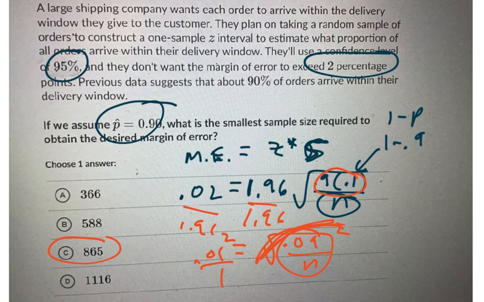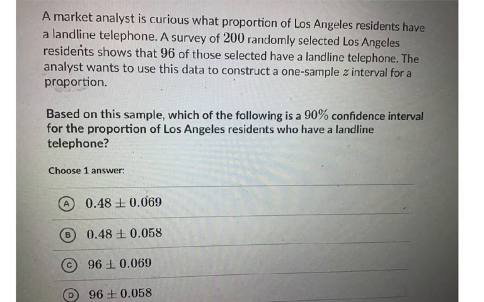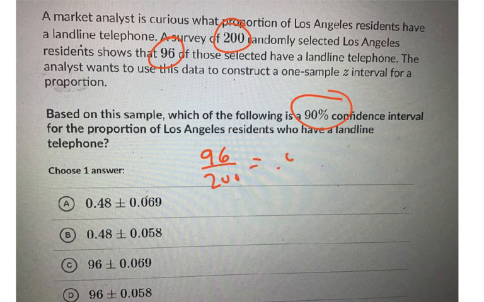Okay, I'm going to take a look at one more I got and see if I can't squeeze it in. Okay, guys, how about this one? All they want us to do is set up a 90% confidence interval. We are told that 96 out of 200 use a landline. So what is 96 out of 200? That's 0.48. So we already know we're picking A or B because our point estimate has to be 48% or 0.48.